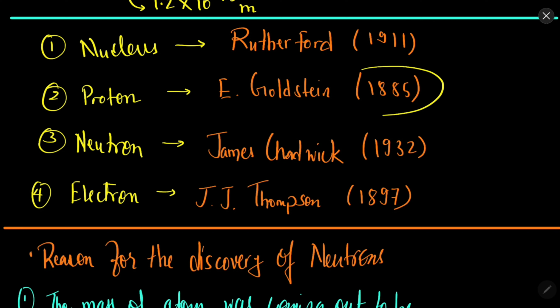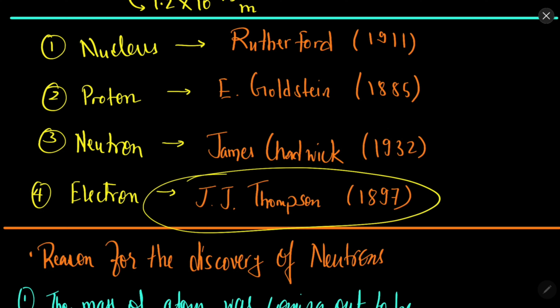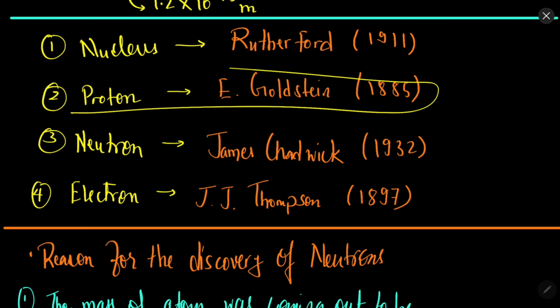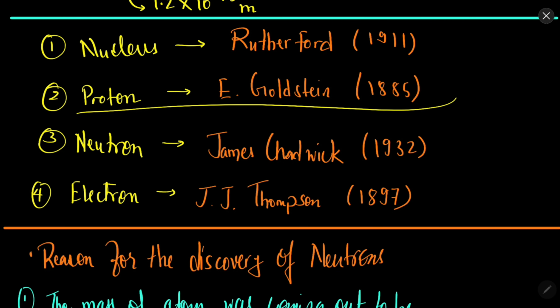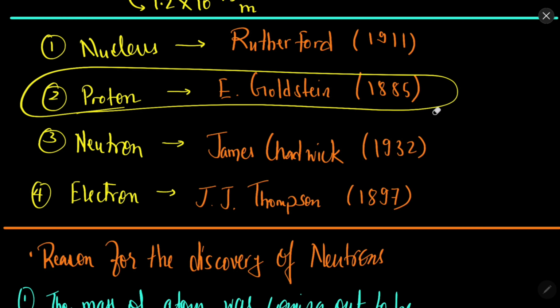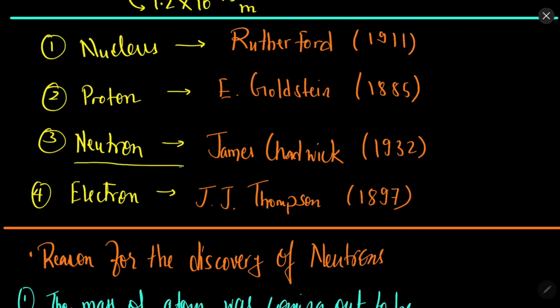But during that time, E. Goldstein did not understand the experiment that he did. He did not understand that he had discovered the proton. So after J.J. Thomson discovered the electron, then only was the proton confirmed. But it was obviously first observed in 1885, and then the neutron took a very long time.